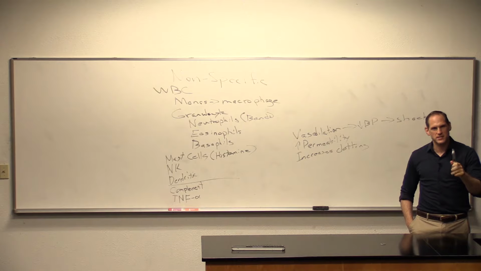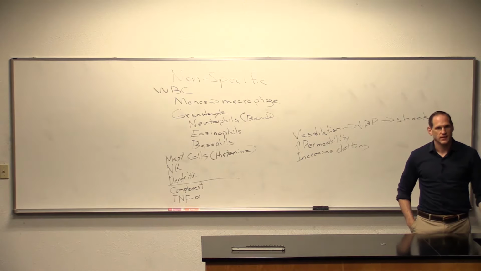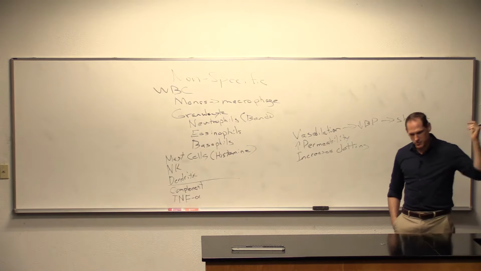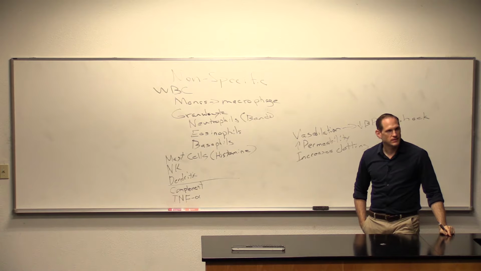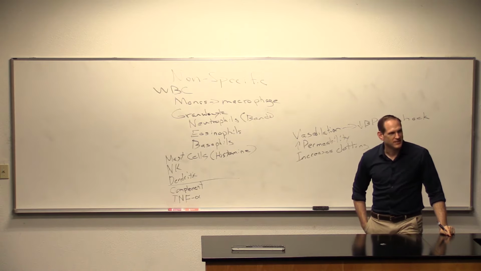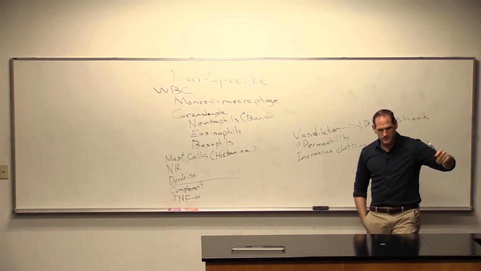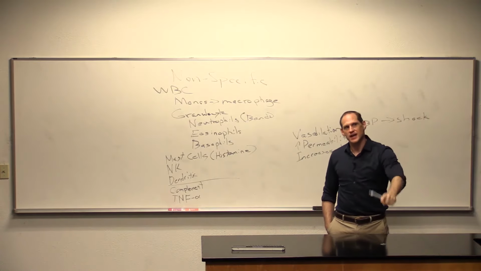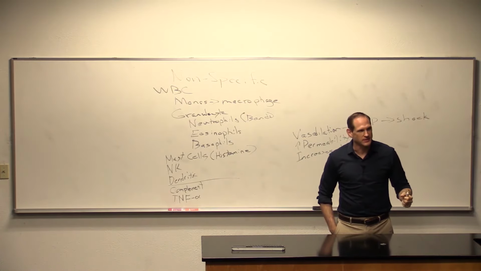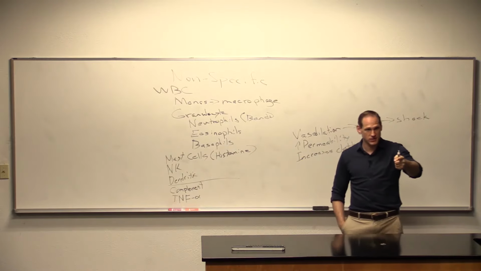What receptor is responsible for vasoconstriction in the sympathetic response? Alpha 1. All right, now name two alpha 1 stimulators. That is an alpha 1 blocker, not a stimulator. Okay, phenylephrine is a good answer.